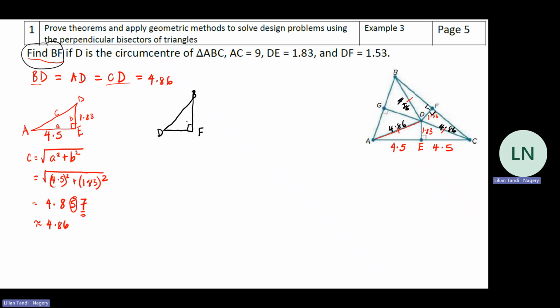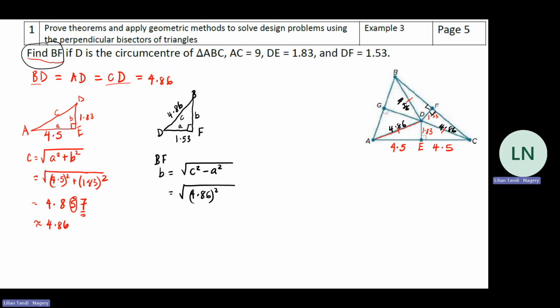Now, according to our picture, DF is 1.53. And we know BD is 4.86. So this is C, this is A, we want to find B. So BF, which we are calling B, is equal to the square root of C squared minus A squared. Our C squared is 4.86 squared.